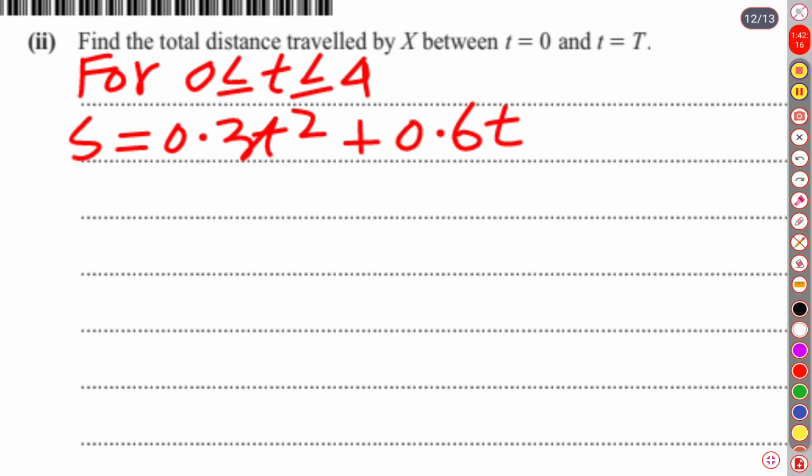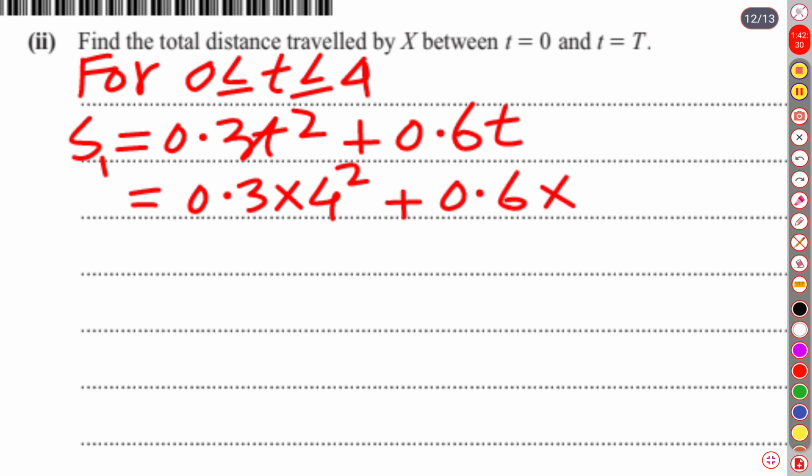Then for the first phase, t is 4. So 0.3 into 4 square plus 0.6 into 4. It is going to be 4.8 and 2.4. So this is 7.2 meters. For the first 4 seconds, the particle traveled 7.2 meters.